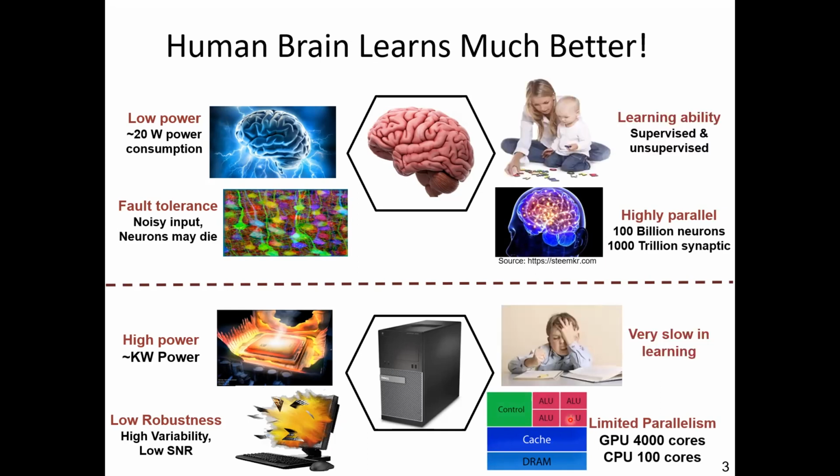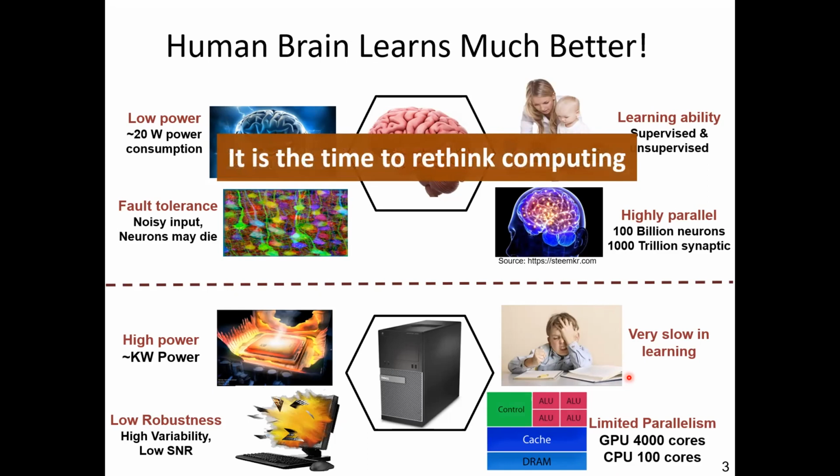And the last factor is learnability. The brain learns from both supervised and unsupervised data, while today's computers don't learn, they emulate learning in a very inefficient way. So it is obvious that it's time to rethink computing. It's time to design computers that can natively support learning tasks.